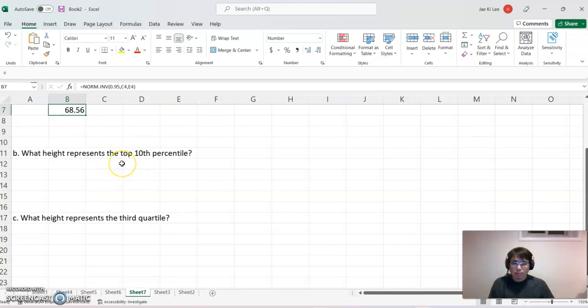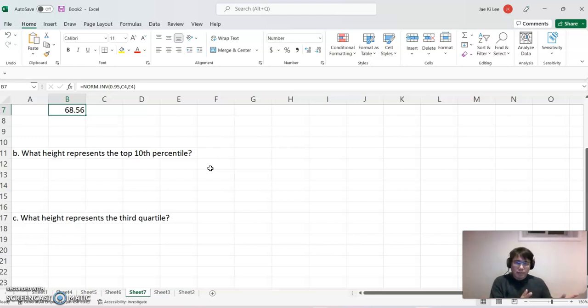Okay, now B. What height represents the top 10%, 10th percentile, which means if you drew the graph, it is on the right-hand side 10%. Therefore, this time you need to find the left-hand side percentile first.